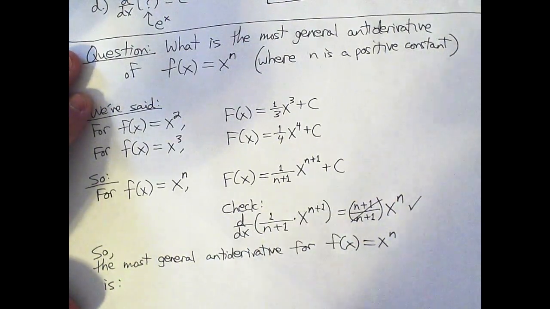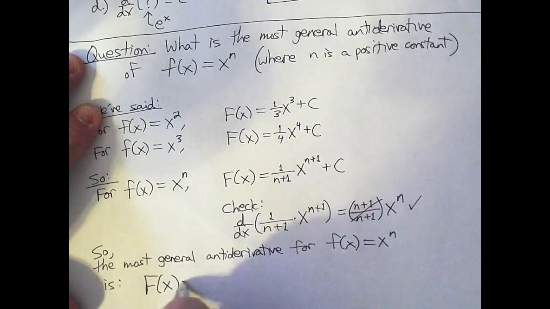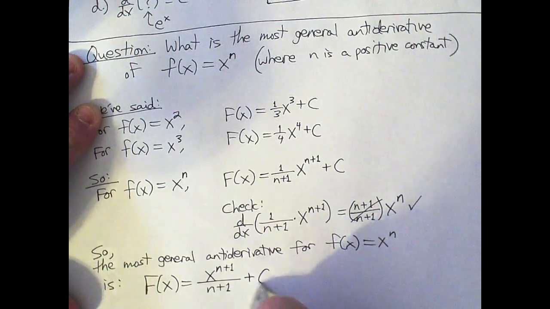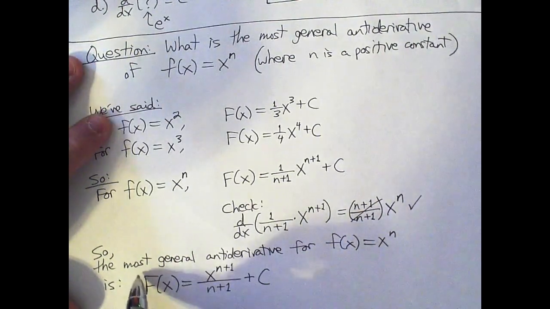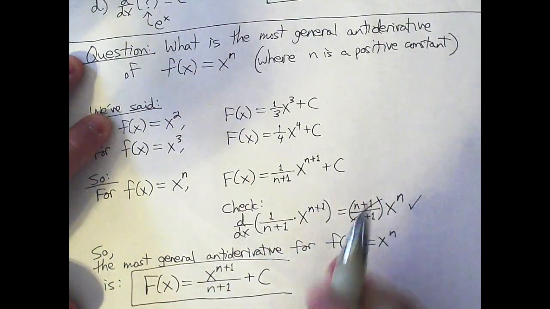It's the thing that we found here, but the way that we usually write it is x to the n plus 1 over n plus 1. That's the same thing I wrote above. It's just we put the n plus 1 on the bottom. That's just usually how this is written.